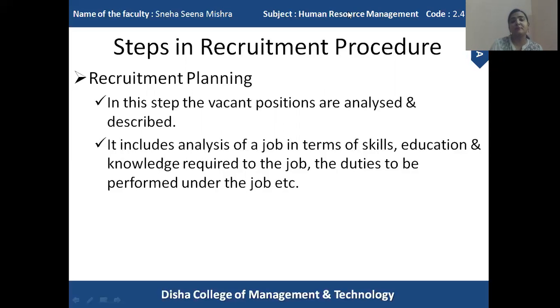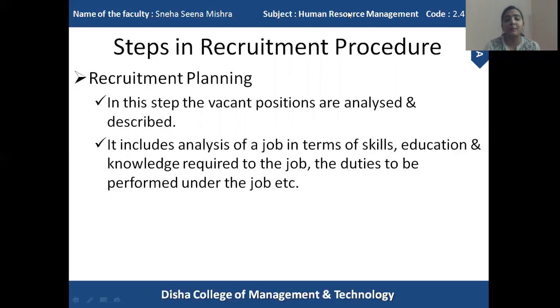Every single vacant job needs to be analyzed separately and described properly so that the further steps of recruitment can be prepared.